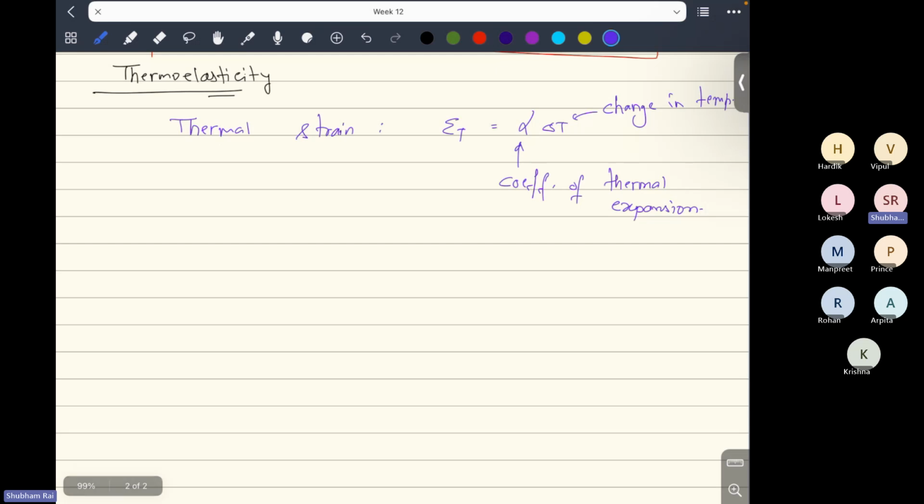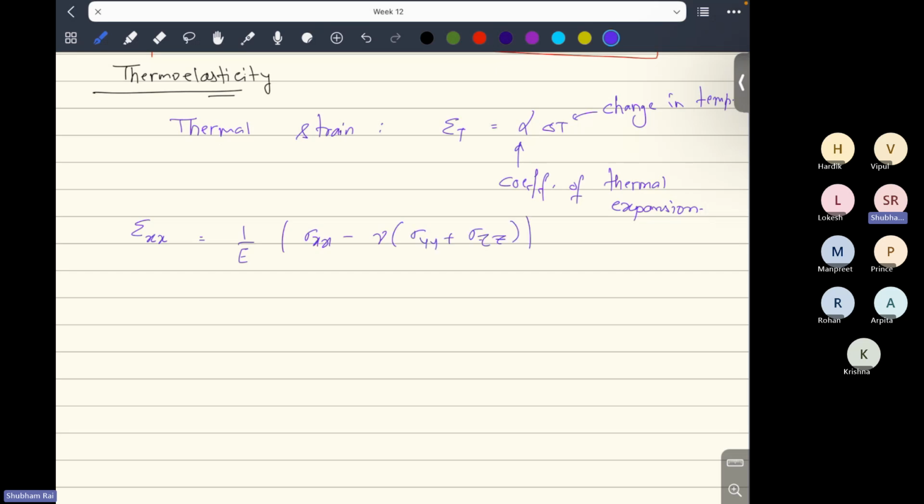so considering thermoelasticity or thermal strain, the strain in the x direction will be 1 over E times sigma xx minus nu times (sigma yy plus sigma zz).